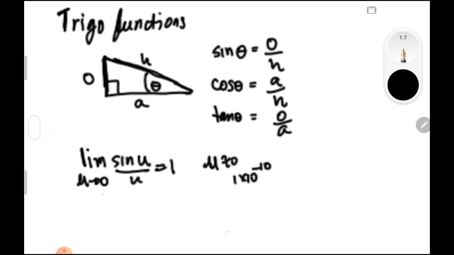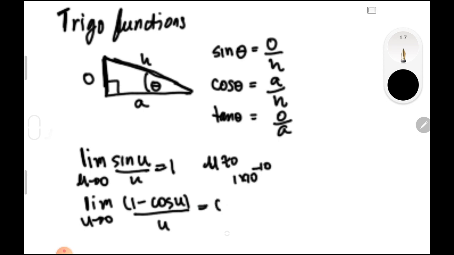Okay. Next is the limit of our 1 minus cos u divided by u as u approaches 0, which is also equal to 0. So this theorem will help you in evaluating our limits of trigo functions.